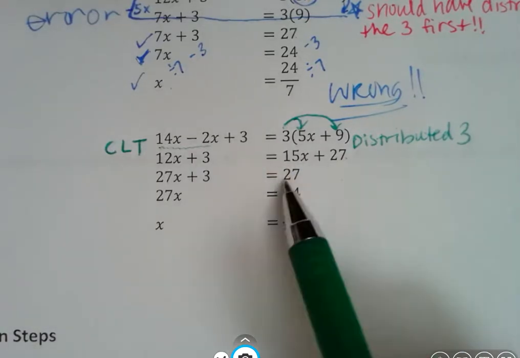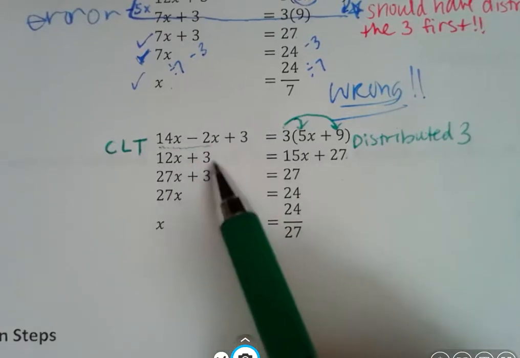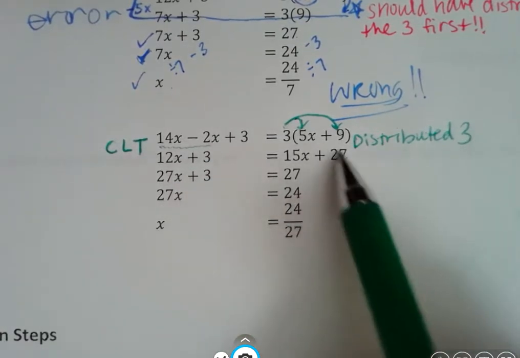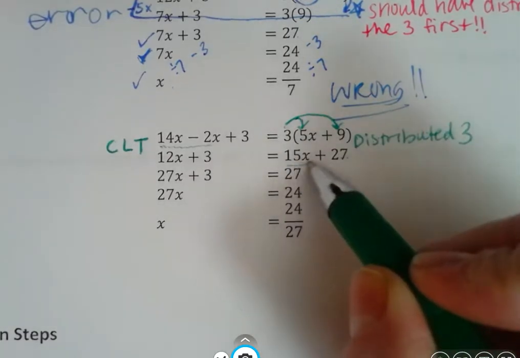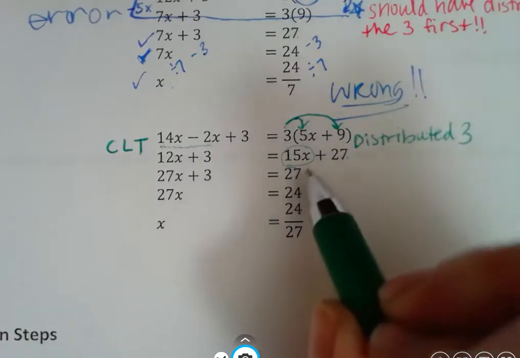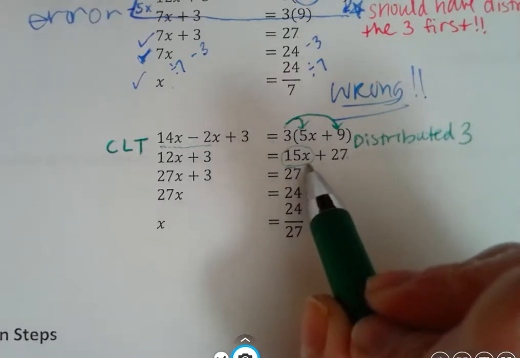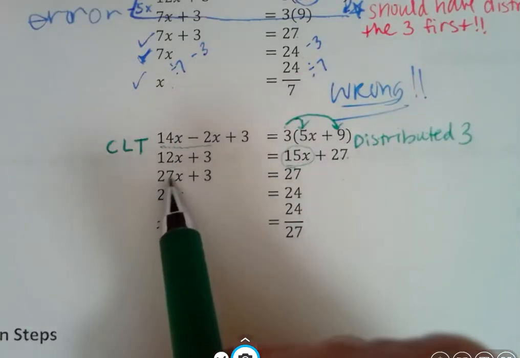Same thing on the right-hand side, everything didn't change. My 27 actually stayed the same. And if it's hard to tell what happened on the left because there's a lot going on, look at the right. 27 stayed 27. This 15x is gone. So 15x was removed from the right side. Was 15x removed on the left?